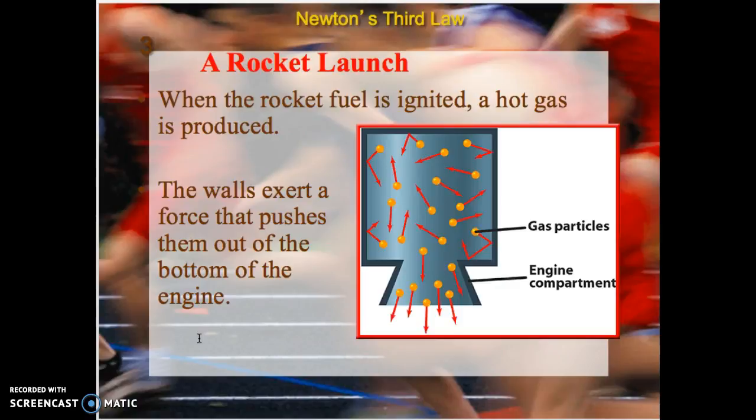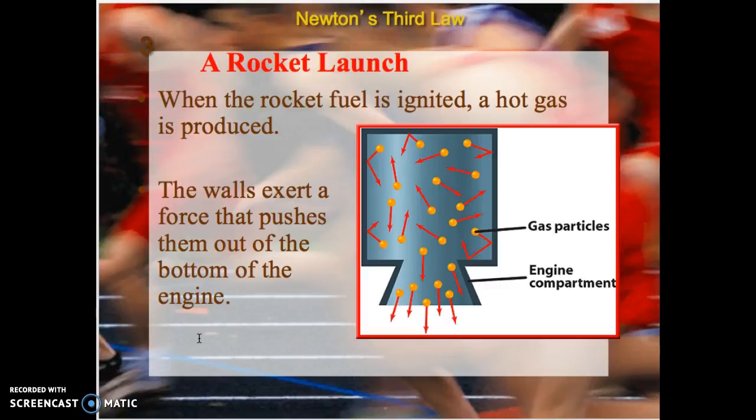We'll skip the walking image and we'll go over that tomorrow in class, but the rocket launching. In your rocket launching picture, you have hopefully an image that looks like there's something coming out of the bottom, so that rocket fuel is ignited and a gas is produced and it's pushing out of the bottom.